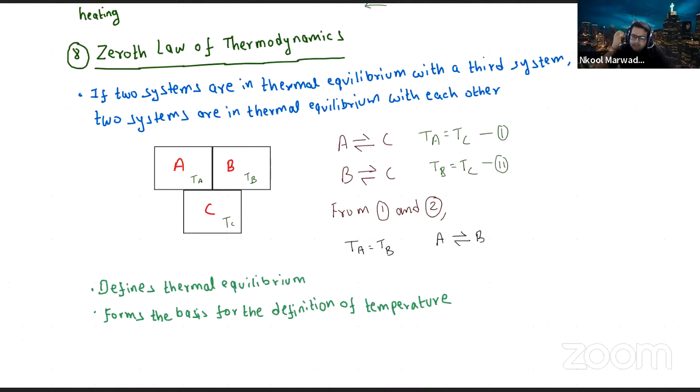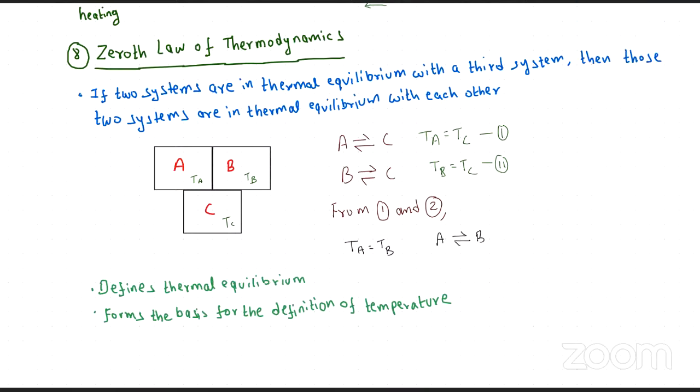Temperature is some unknown entity, but that unknown entity is similar for both the bodies, A and B. From there, we can go to next level, next level, and come up with a perfect definition for the temperature, which we already have. So the zeroth law made an attempt.